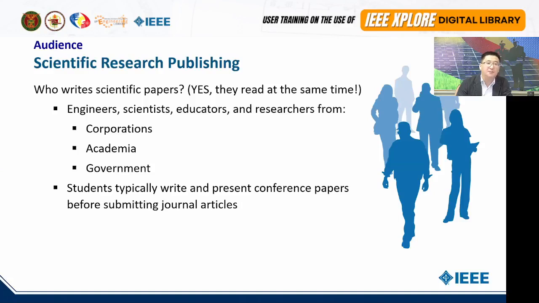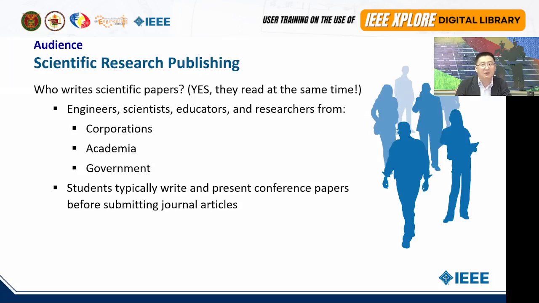Your audience are people just like you, who read, who also writes. So we are looking for people who write papers, but in the meantime, these writers are definitely readers themselves. They are engineers, scientists, educators, researchers coming from corporations, government agencies, universities, just like you, and students.